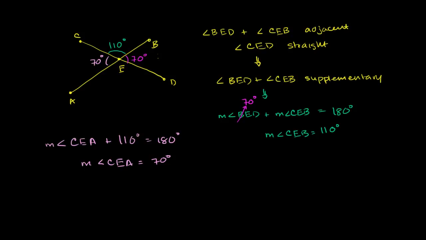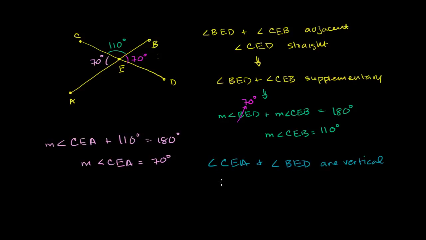But let me just write down this word since it's a nice new word. So angle CEA and angle BED are vertical. And you might say, wait, they look like they're horizontal, they're next to each other. But vertical really just means that they're across from each other, across an intersection. Angle CEB and angle AED are also vertical.